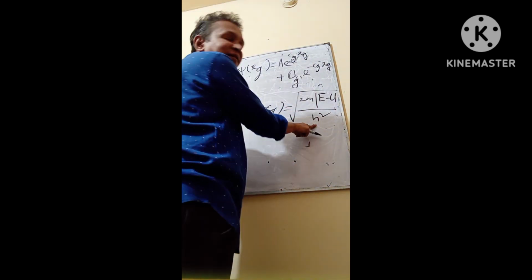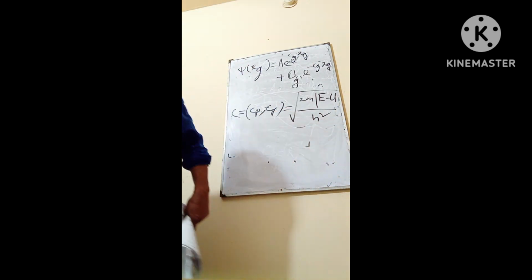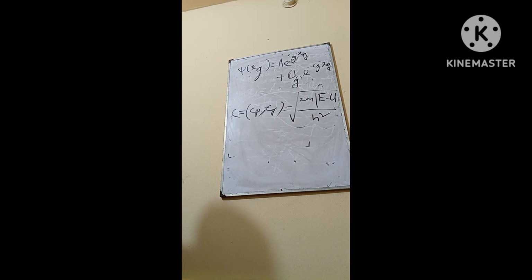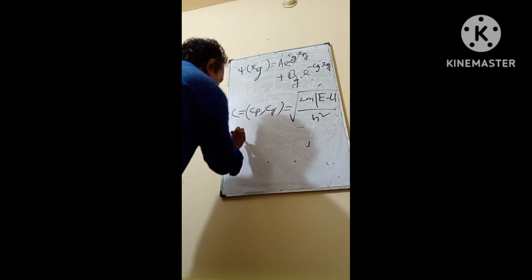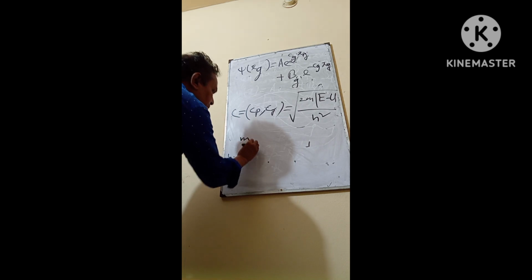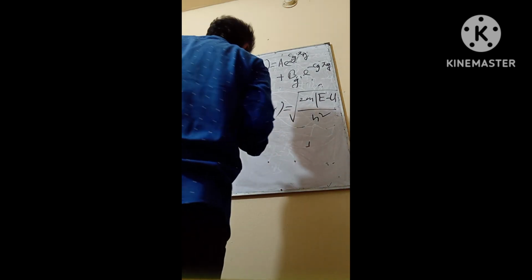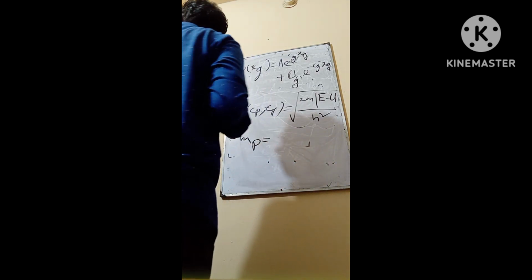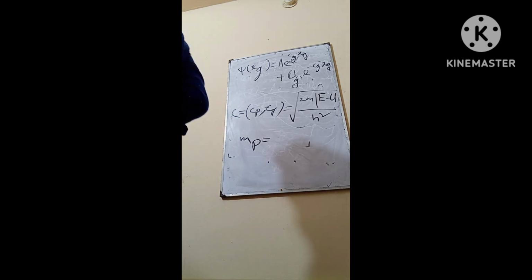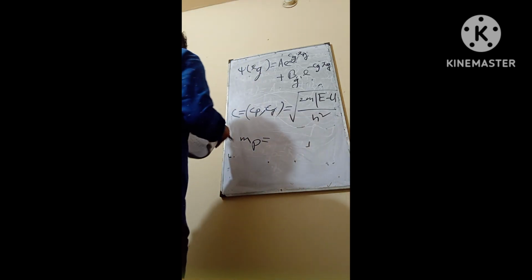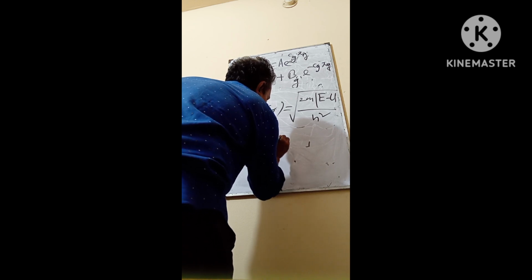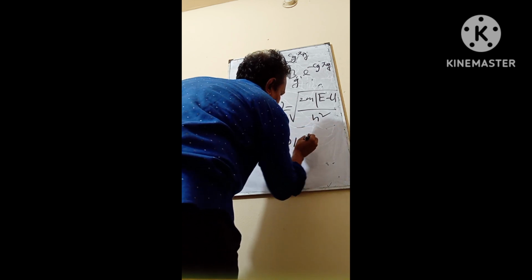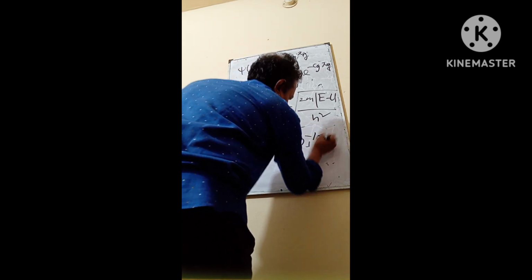What is H? H is the Planck constant. MP is the mass of photon particles, 6 into 10 to the minus 16.